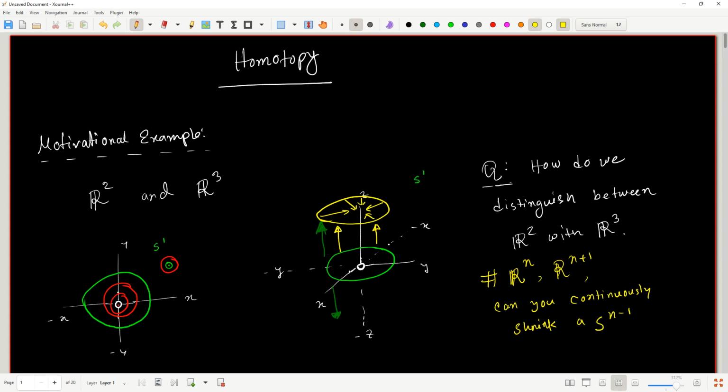So if you want to distinguish between Rn and Rn plus 1, you have to ask the question: can you continuously shrink Sn minus 1 to a point in both of these spaces?